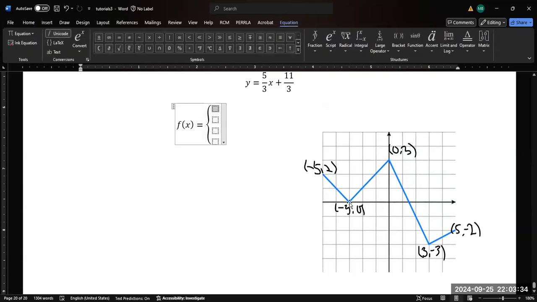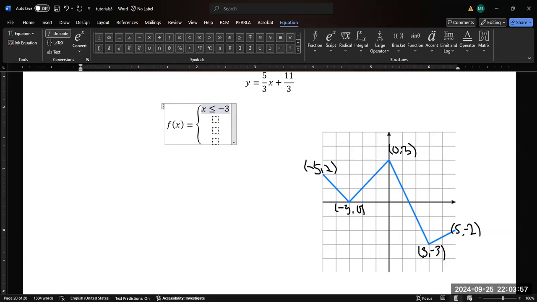And then the first segment, now this goes to the end of the graph. So I'm going to assume, even though I'm going to use this point to come up with the equation, that the line is going to continue off the graph to infinity. So this will just be x less than or equal to -3.